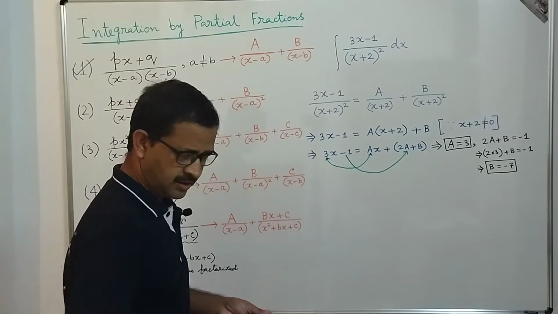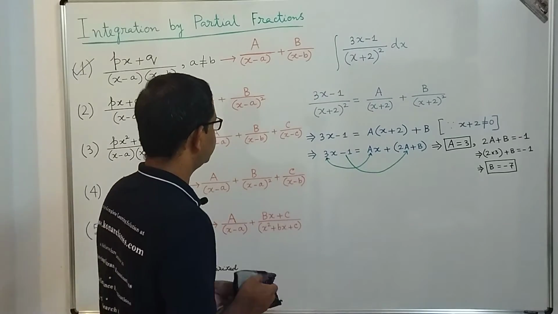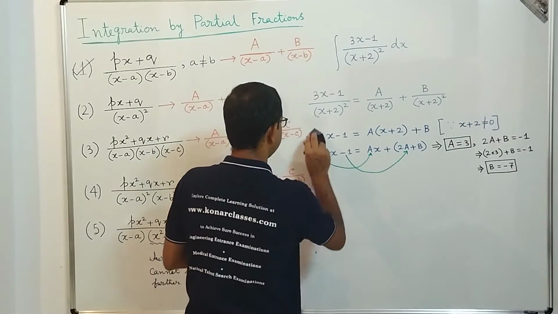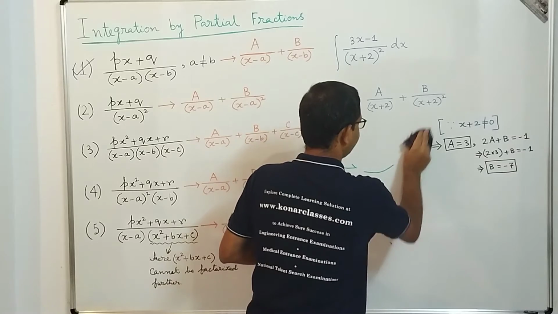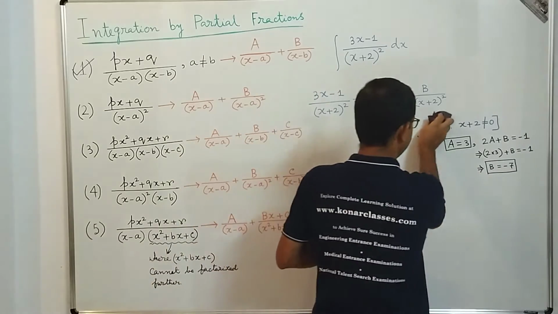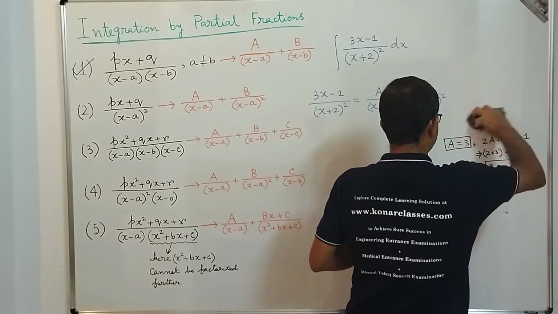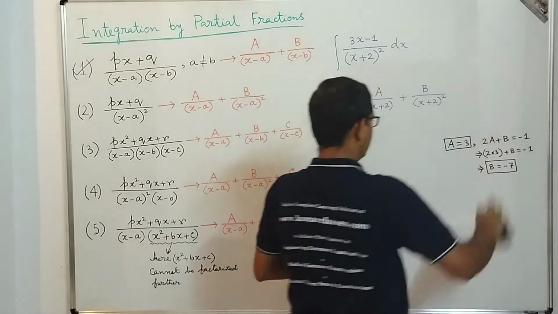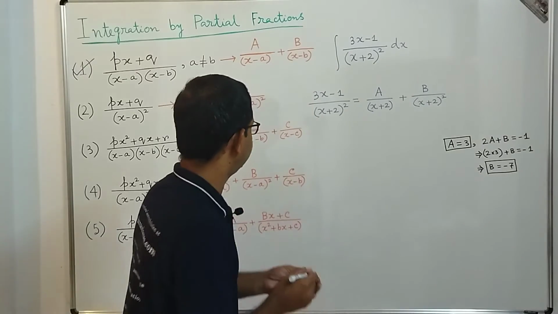As we found the values of A and B as 3 and minus 7 respectively, we can now proceed like this.